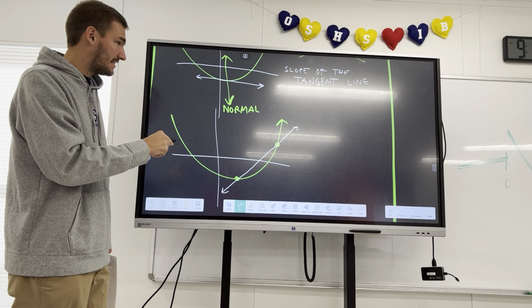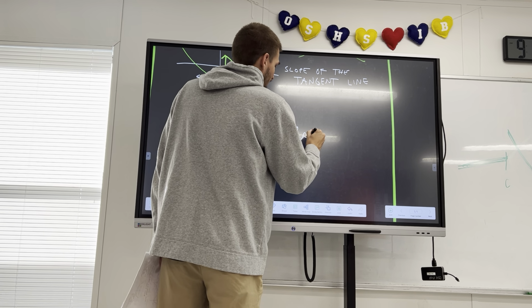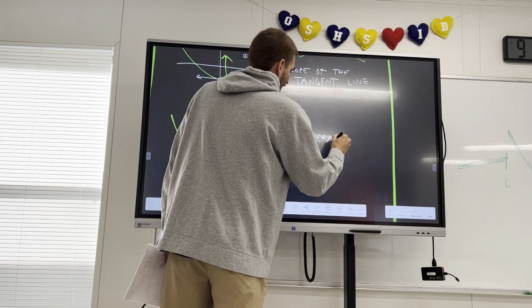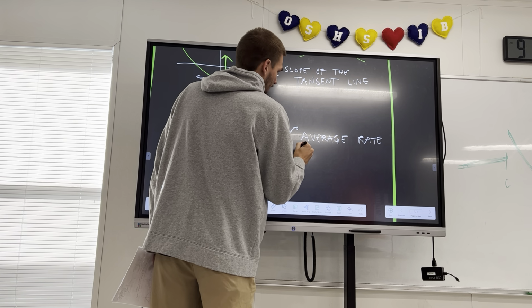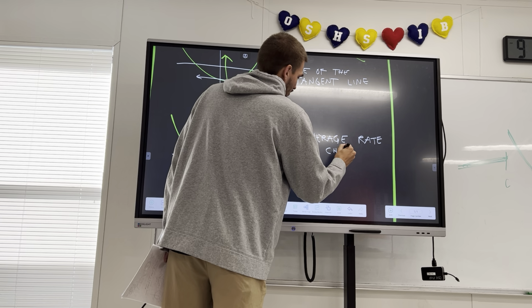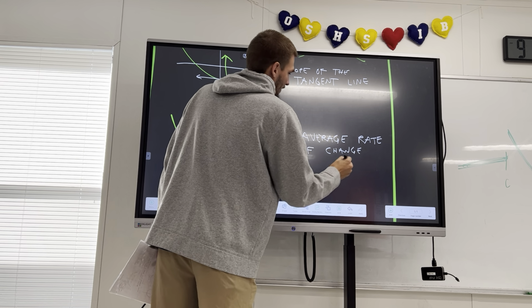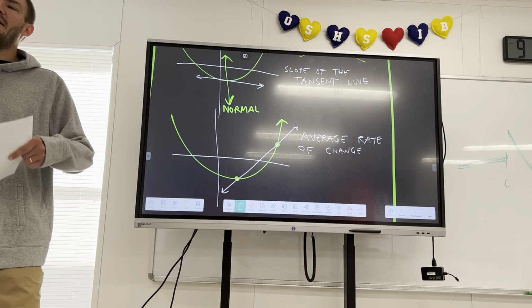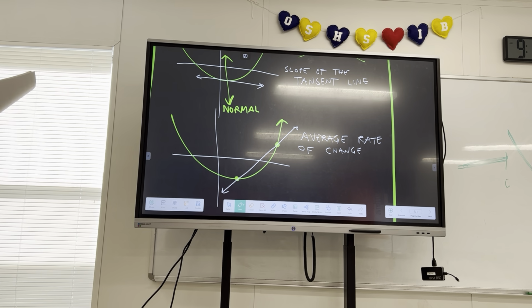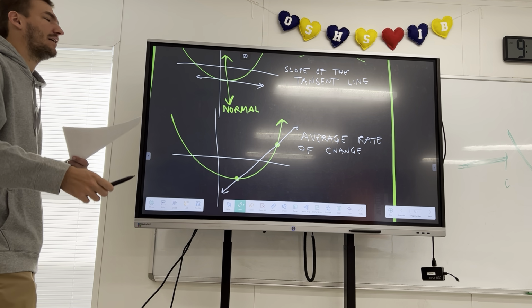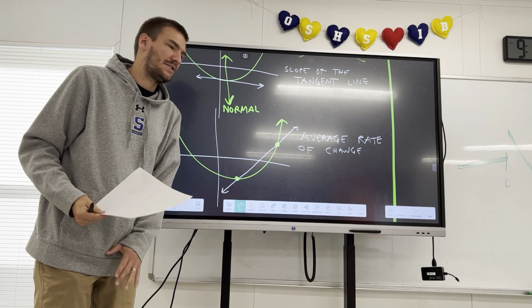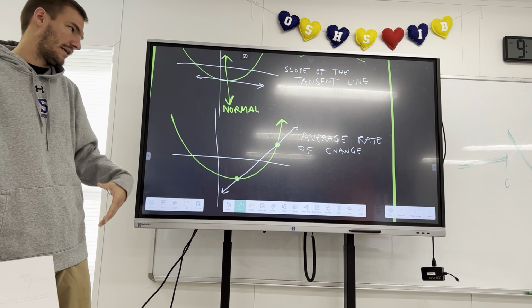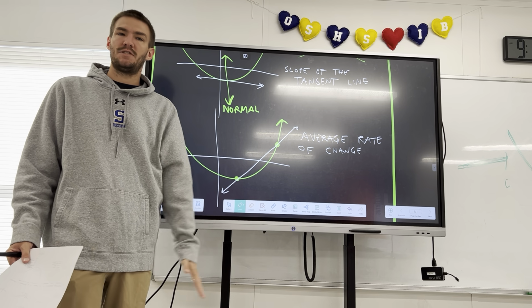Right, so this is going to be the average rate of change. And already we're starting to add on these different questions you might hear. It might be about the slope of the tangent line, it might be about the slope of the normal line. It might be about the average rate of change.